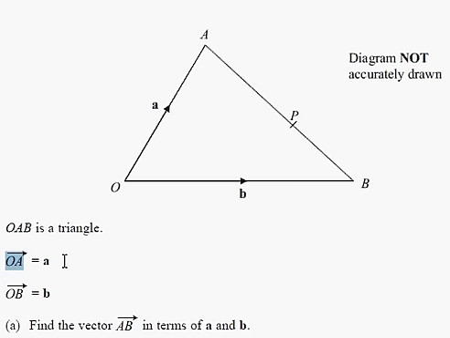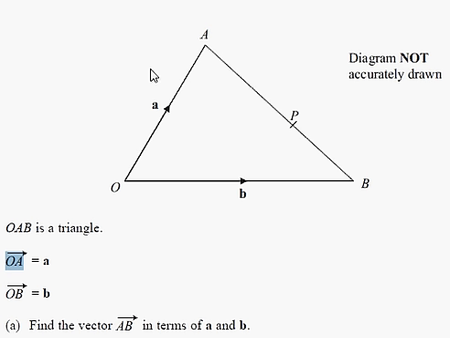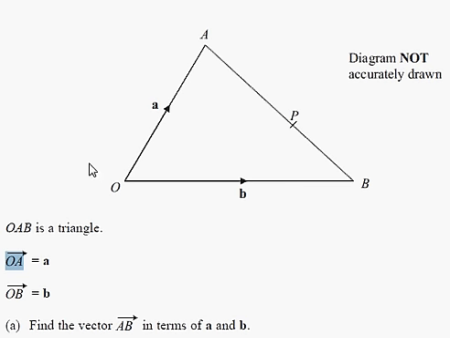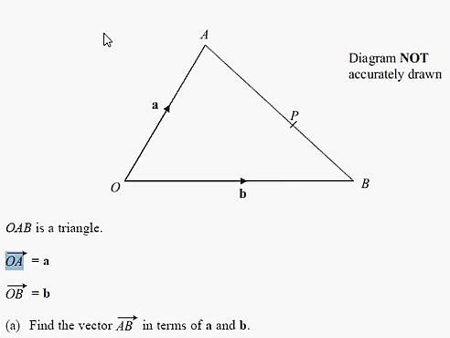I'm not sure if the arrow above OA will paste. No, it didn't. So just imagine there's an arrow above it, but you would just write it. So if OA equals a, then the vector AO equals minus the vector a. So we've moved from A to O, and that's the vector negative a.